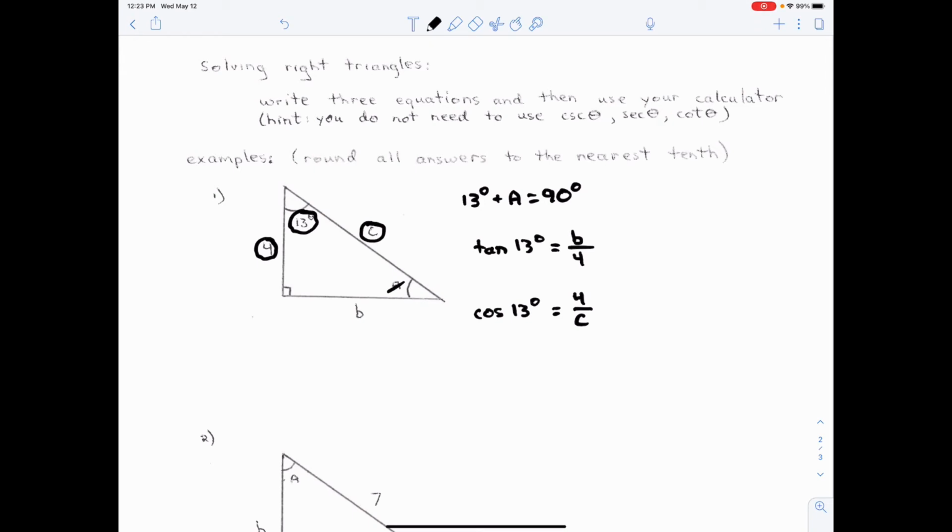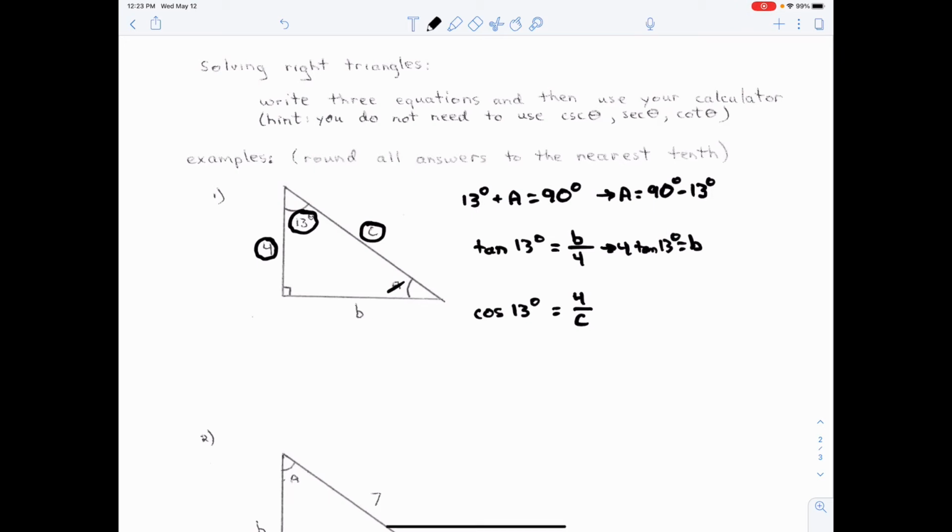Now, let's solve each of these. Okay, so we have A is going to be 90 minus 13. And you don't necessarily need to write this. If you just want to go 90 minus 13 and tell me what the answer is, that's fine. We get rid of the 4 in the denominator by multiplying, and we get 4 times the tangent of 13.